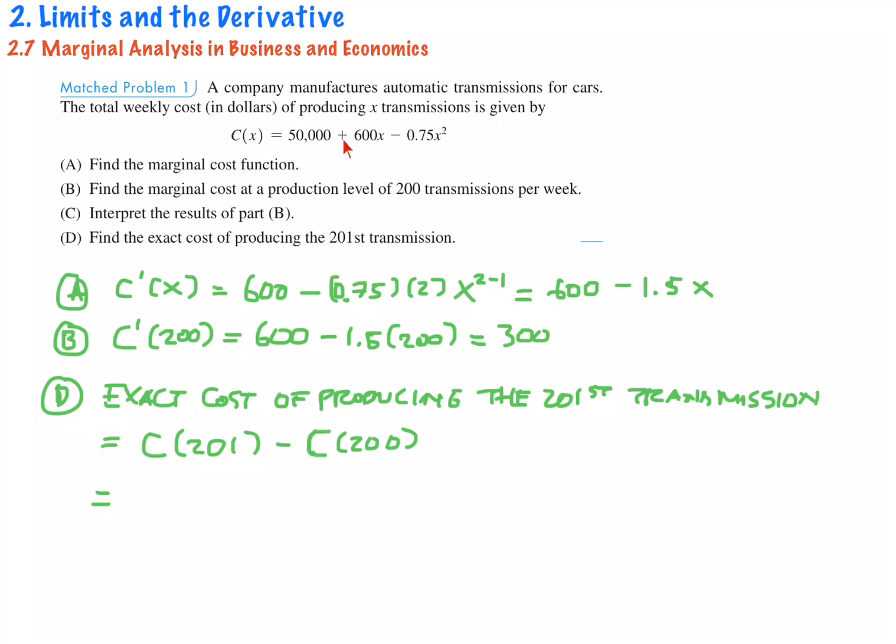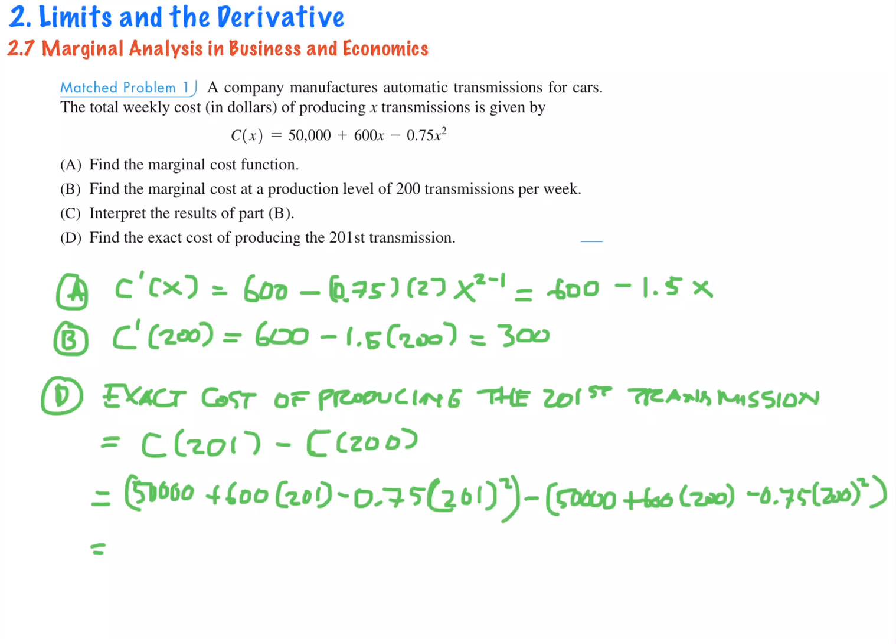50,000 plus 600 times 201 minus 0.75 times 201 squared, and then subtract 50,000 plus 600 times 200, minus 0.75 times 200 squared. This is obtained from C of X, and then we'll get that it's equal to 299.5.